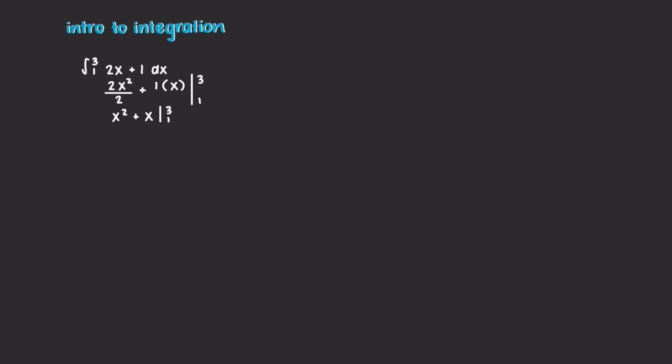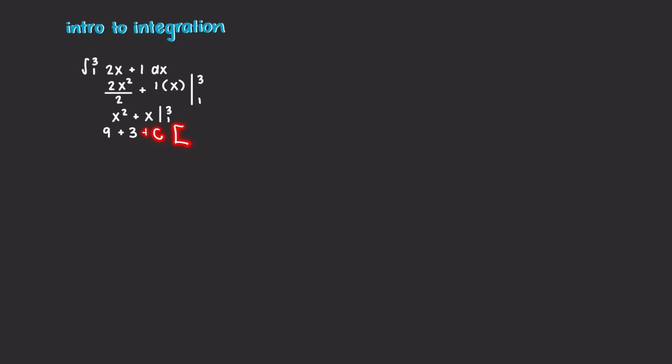So let's simplify this a little bit. Okay, so now we're here and we have to evaluate it from 1 to 3. Now you might be asking, wait, you forgot to talk about why we didn't add c. When we plug this 3 in and then subtract what happens when we plug this 1 in, what happens? So let's say there was a c. We plug this in. This is going to have plus c, right?